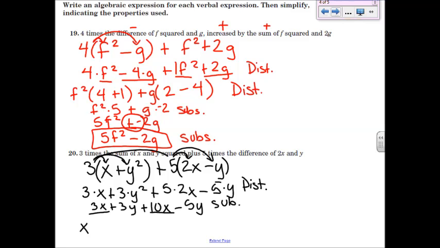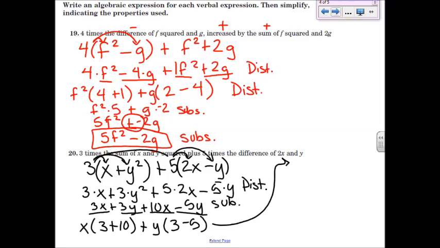Those have a common factor of x, so if I pull it out, I have 3 plus 10 in the parentheses. And then I have 3y minus 5y. So if I pull the y out, that's the common factor, I have 3 minus 5. And that's the distributive property backwards.